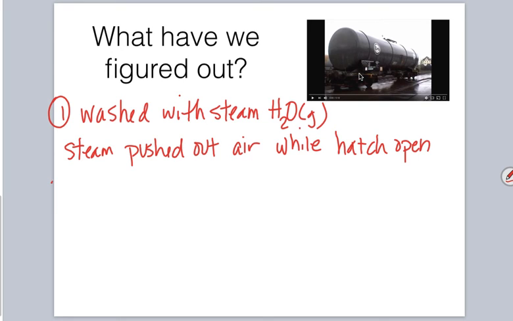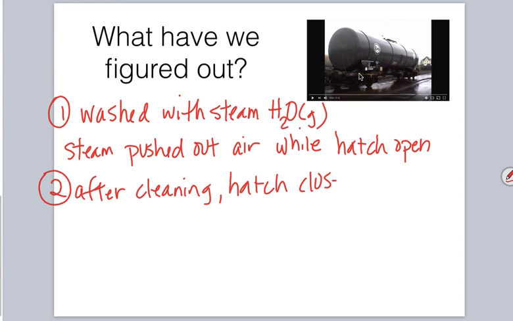After cleaning, the hatch was closed. So now no particles can enter or exit the inside of that container.